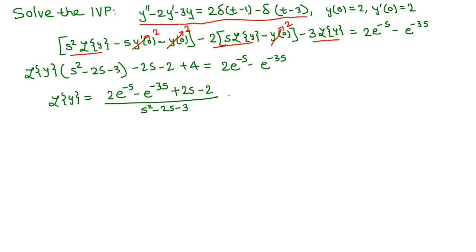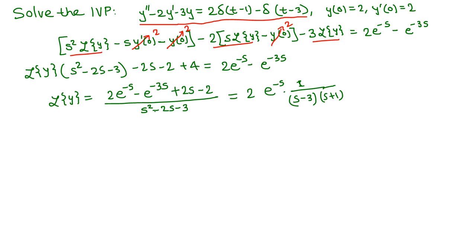Now let's write it as a couple of different fractions. So first is 2e^(-s) over this. I'll write it this way: 1 over, let me factor this as well, that is (s-3)(s+1).